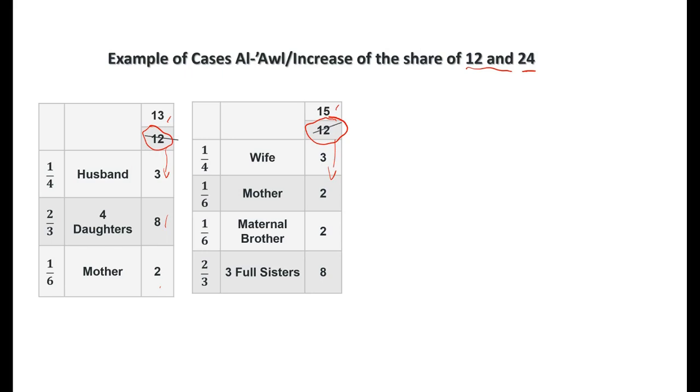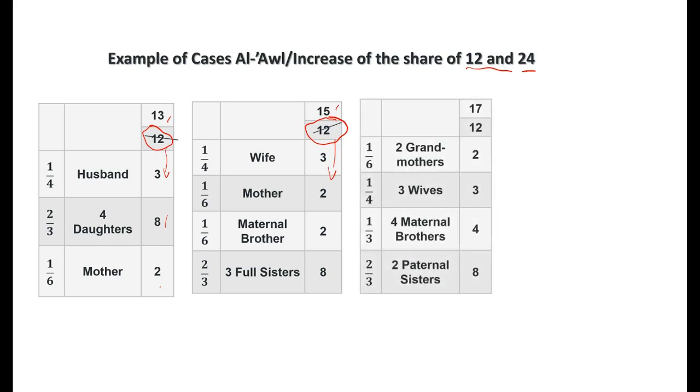Case number 3, we have 2 grandmothers, 3 wives, 4 maternal brothers, 2 paternal sisters. So the initial case is built upon 12. After giving out the wealth, we added up this and it becomes 17. So the asl al-masala now is 17 instead of 12.